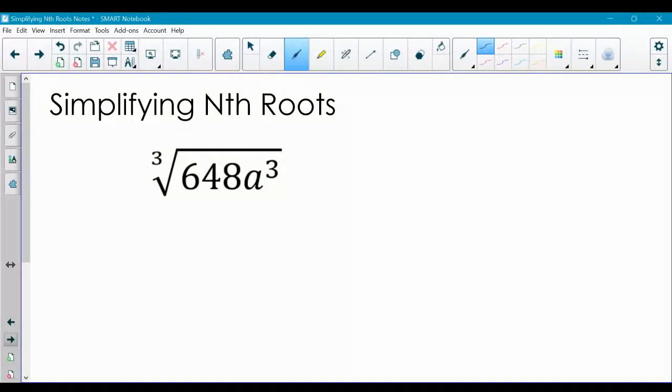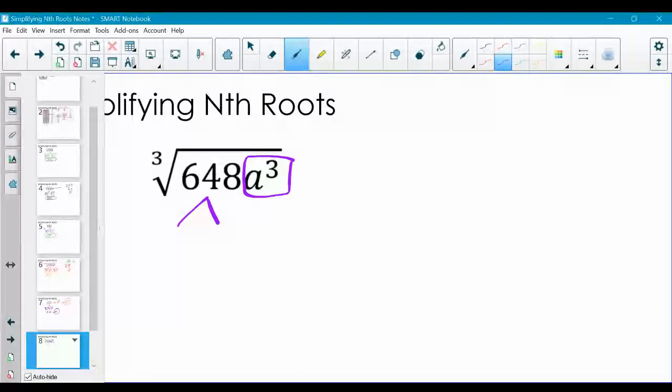For our last problem together, we are looking at the cubed root. So we do want to go back to that table at the beginning, but we can separate this a cubed into its own radical, and we want to separate 648 into what we can, so into 2 factors that will work for us.